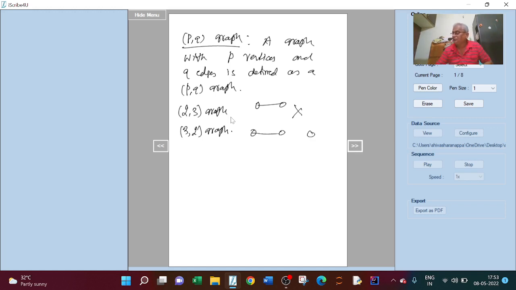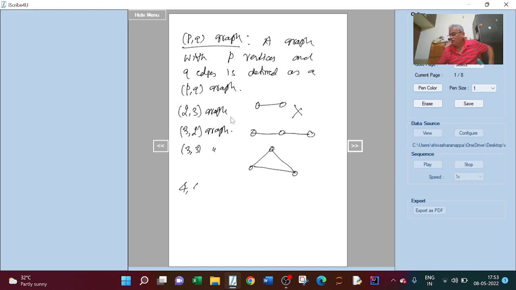I think it is possible. This is a 3 comma 2 graph. Can we get a 3 comma 3 graph? Yes, 3 vertices and 3 edges. This is a 3 comma 3 graph.